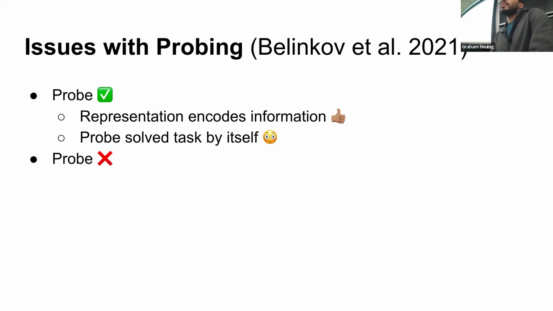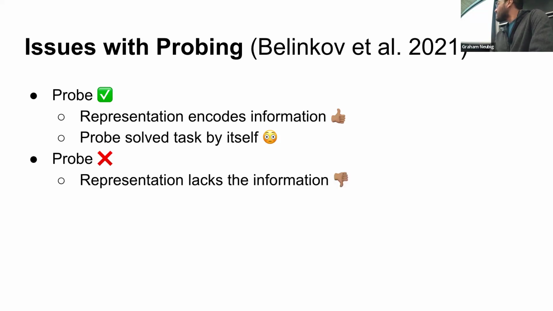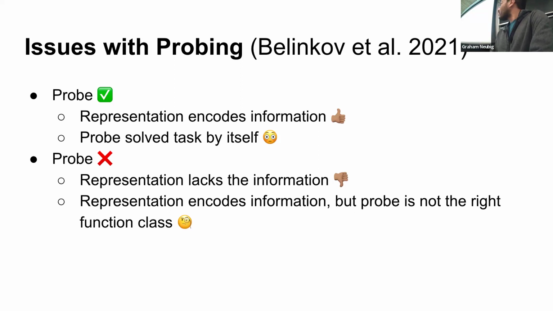Let's say your probe doesn't work. Does that tell you anything? Maybe not. Maybe the representation lacks the information, or maybe your probe isn't able to disentangle that information from your representation. Maybe the probe doesn't have the right function class. Maybe you poorly trained your probe. There are hyperparameters for your probe. So oftentimes your probe doesn't give you that much information.